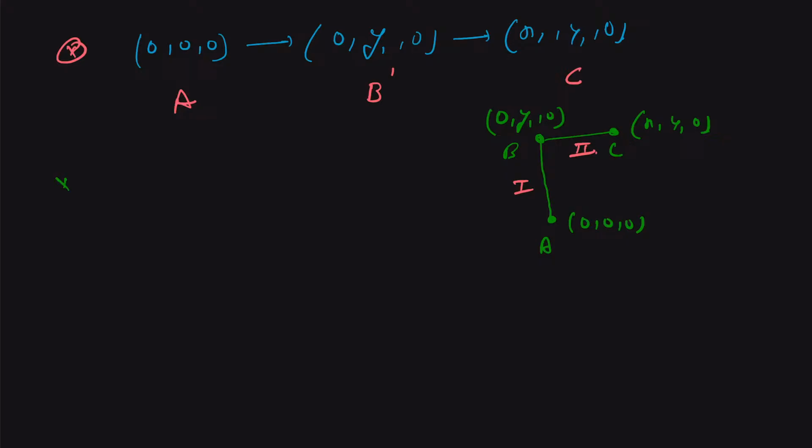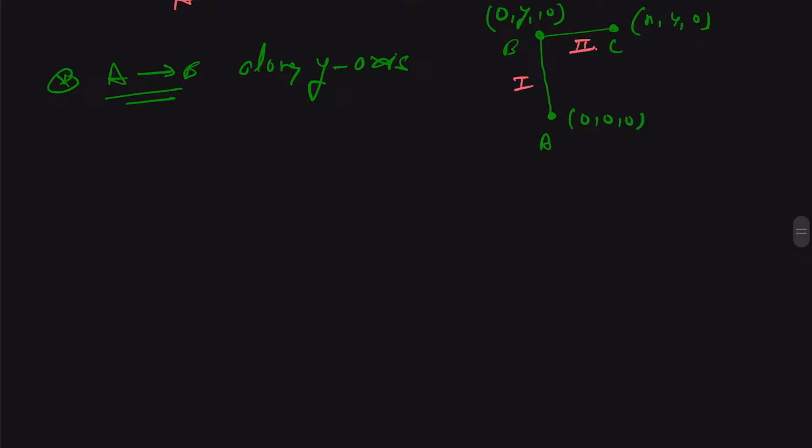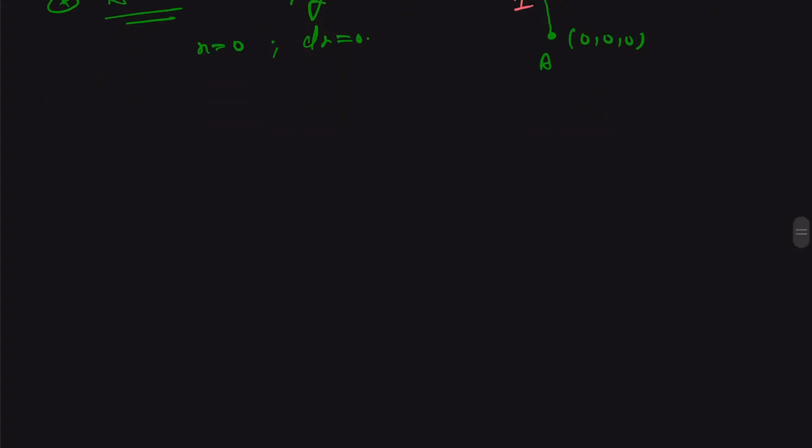Therefore, we can say from A to B, that is along the y-axis, and obviously the value of x is equal to 0, or we can say the value of dx is equal to 0.